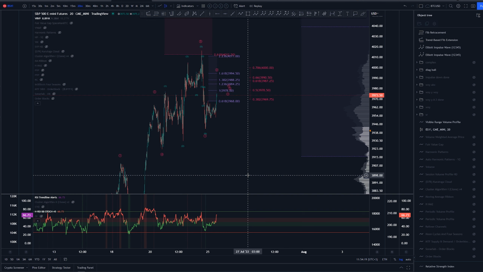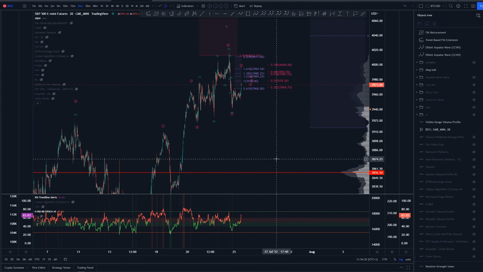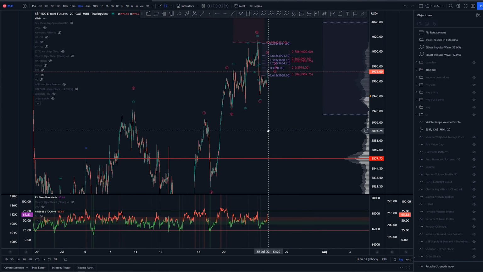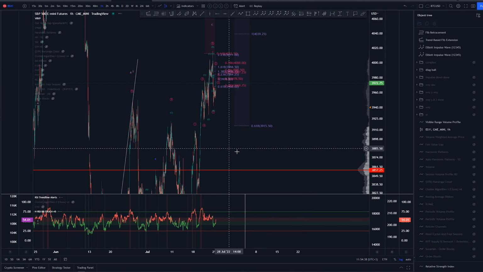I'm still remaining in my shorts. Of course, my invalidation would be up beyond these highs here at $4,017 or $4,016, whichever SP500 chart you're using. But yeah, that is pretty much everything I'm expecting at the very moment for S&P 500.